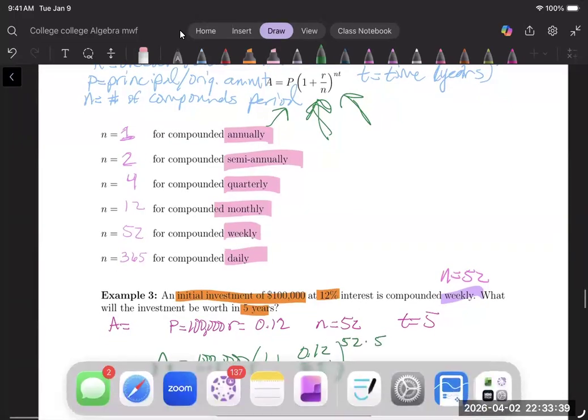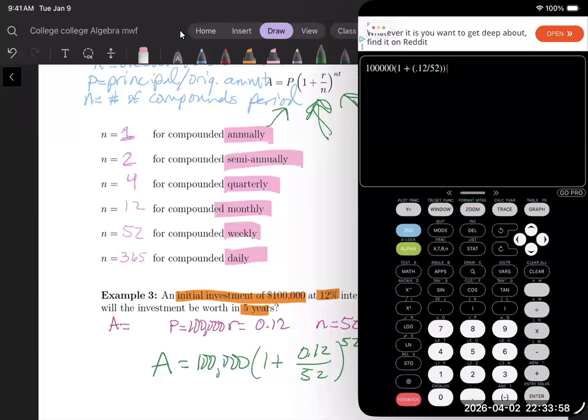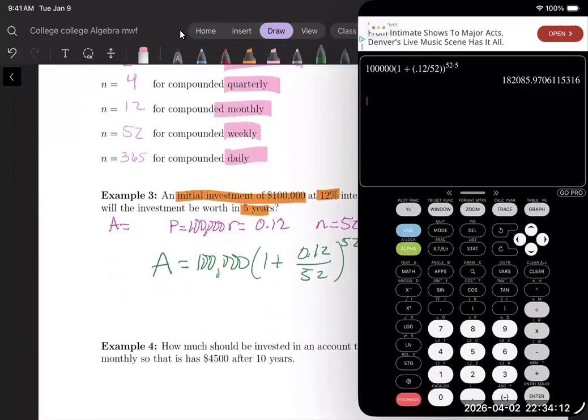Then grab your handy dandy calculator and pop that in. You can do the fancy division sign, but this way is also totally fine. Enter.